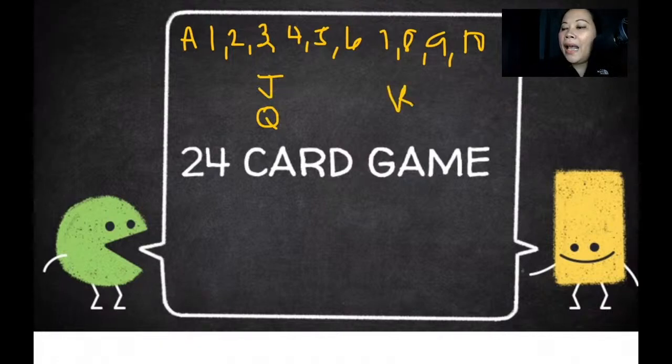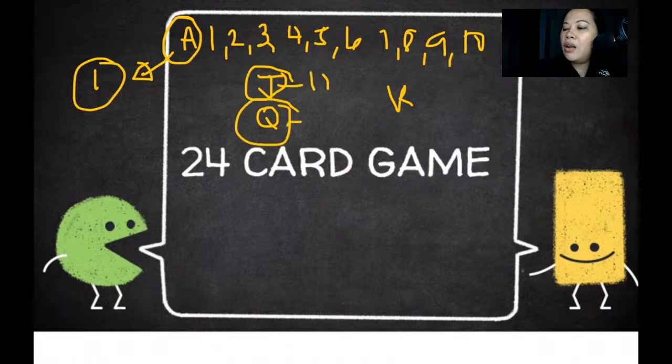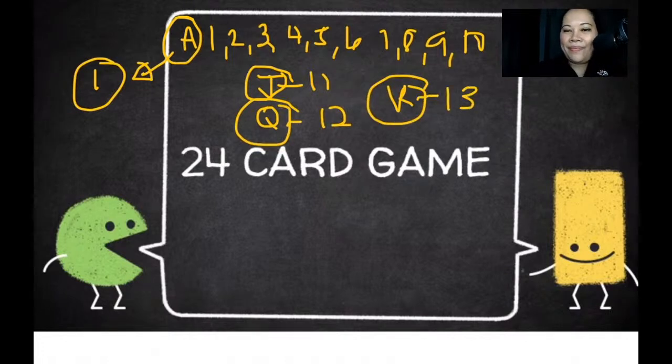Your ace has a value of 1. Jack, on the other hand, is 11. Queen is 12. And king is 13.